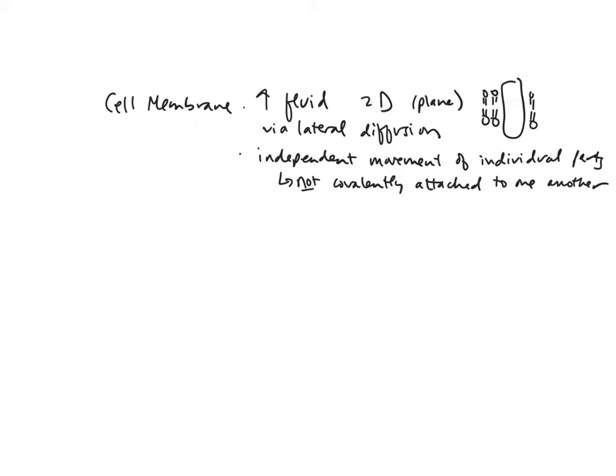Remember, each of these items is individual, so this is a really random distribution of the membrane components, theoretically. This is incredibly fast for how small these items are and how big a cell is.